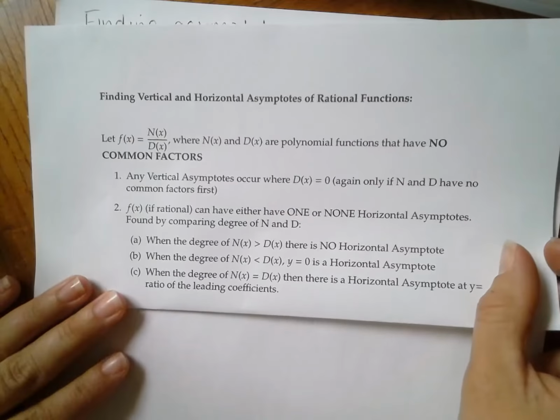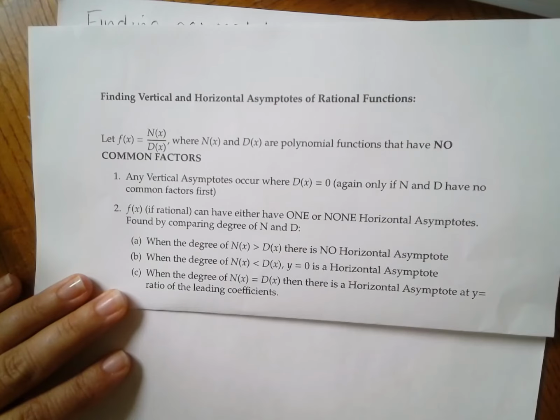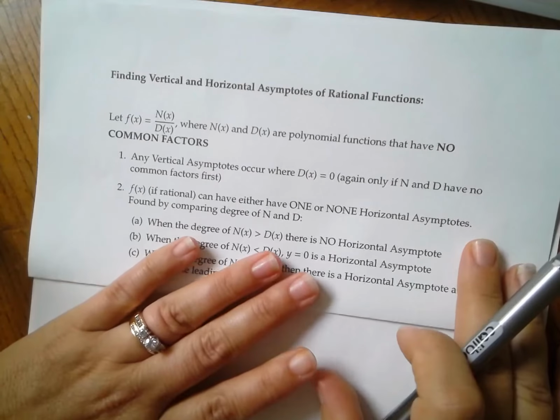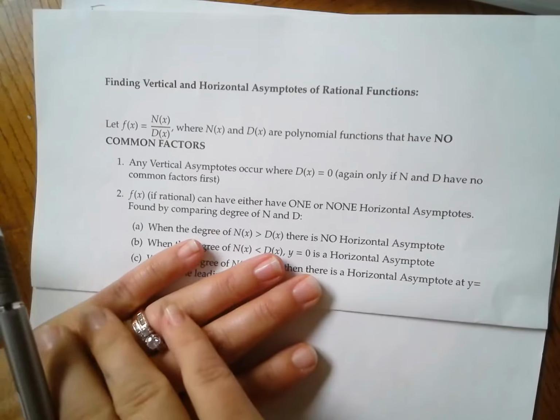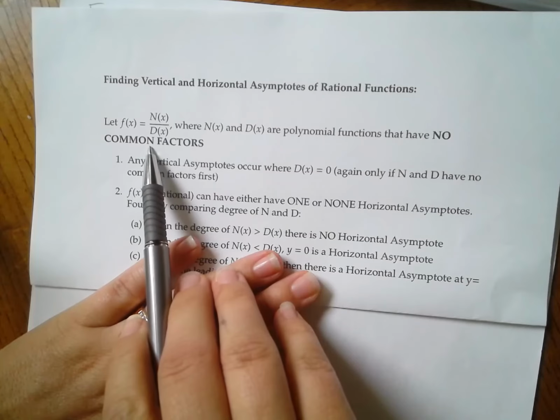So we're going to find both the vertical and the horizontal asymptotes. This is how we go about it algebraically. We could look at the graph too and be able to see some of these, but this is how we show it algebraically. The vertical asymptotes are the easiest thing to find. So we're going to say that f is n over d. We're just talking about two polynomial functions that are divided.